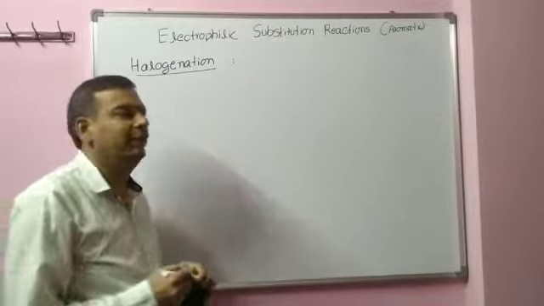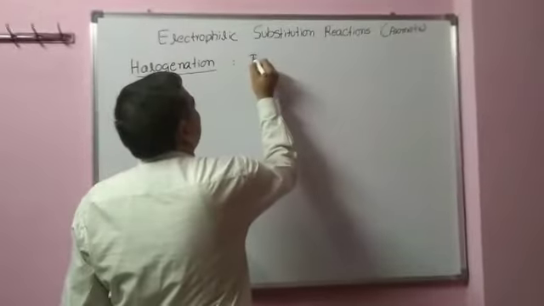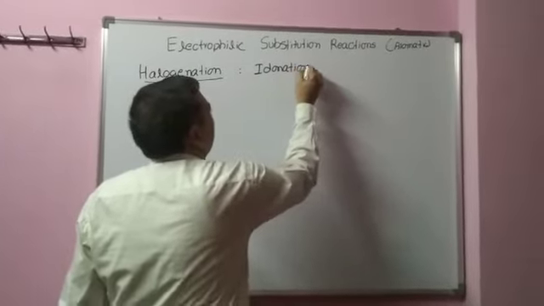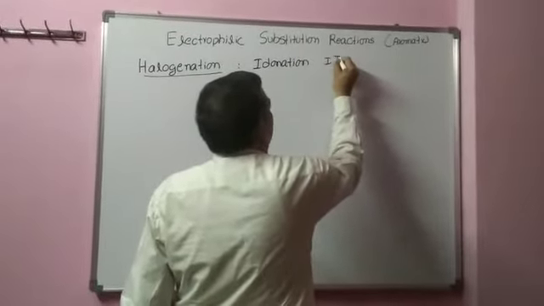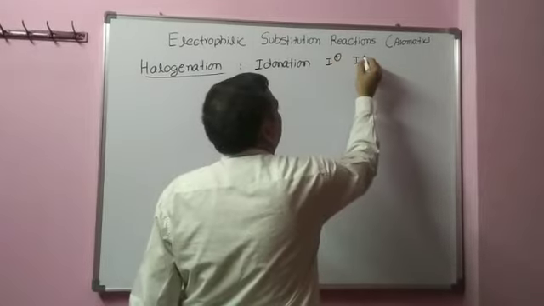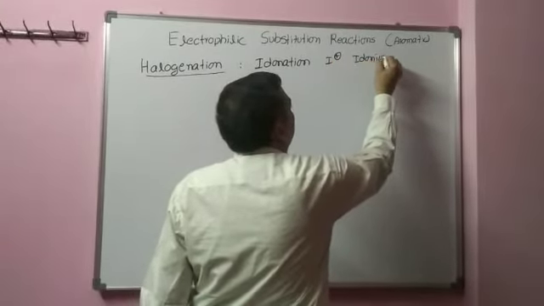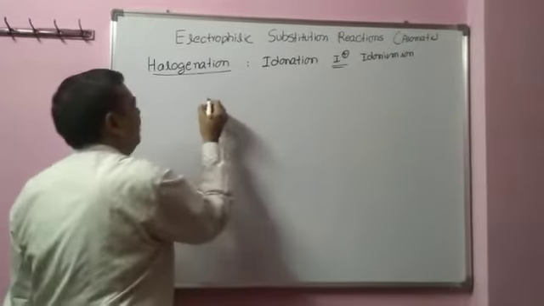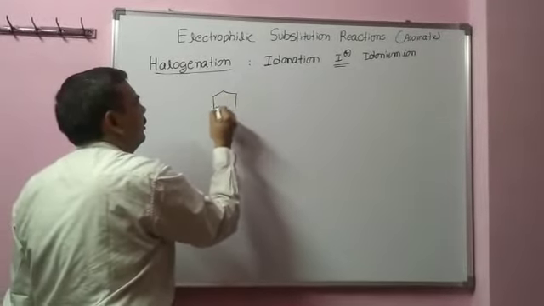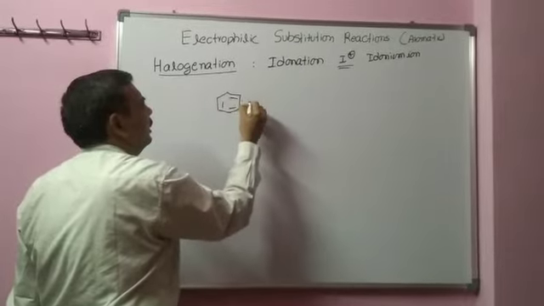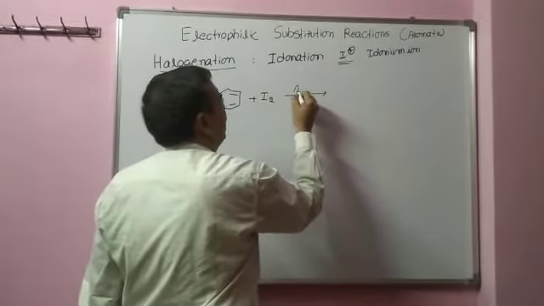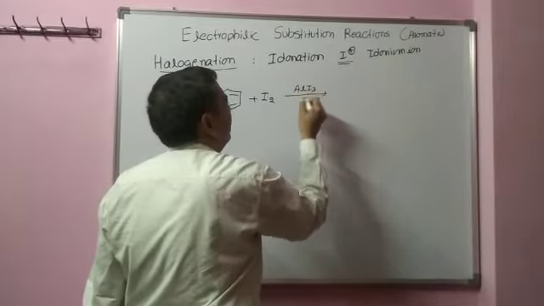Next, iodination. In iodination, I plus, the iodonium ion, is the electrophile. What is happening when benzene reacts with iodine in presence of anhydrous aluminum iodide?